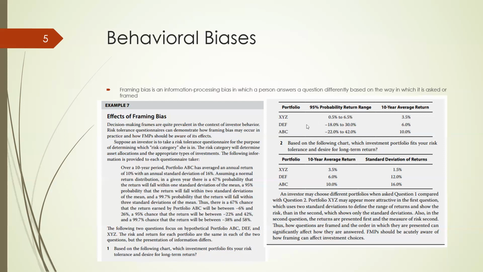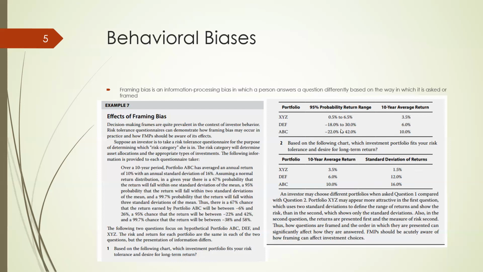Now, they are put in question 1 in one way, which is the portfolio 95% probable range, that is plus or minus 2 sigma, with the 10-year average return. Okay, the return is shown and the range of outcomes is shown. The second one has the same 10-year average return, but it is shown in terms of standard deviation. Now you look, an investor may choose differently when asked question 1 compared to question 2. That is the framing bias.